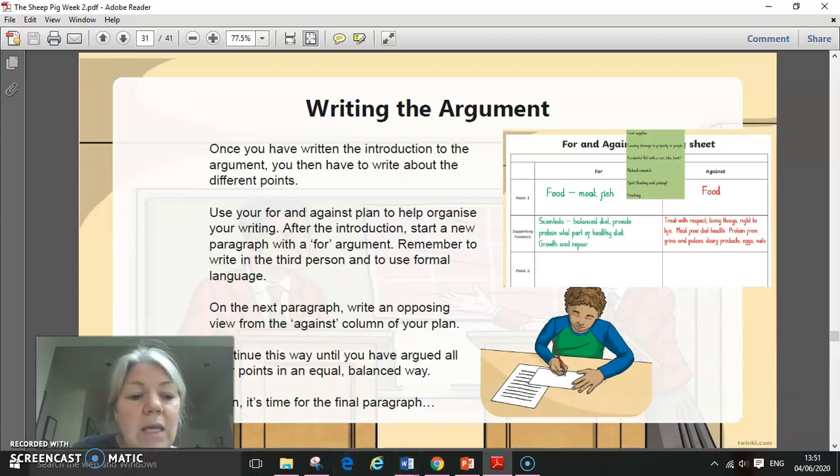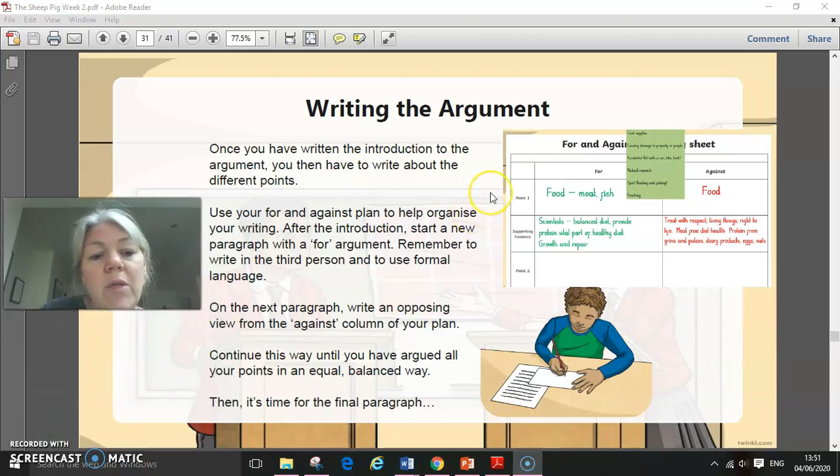So we're going to continue writing using our points, and I said we were going to choose 2 points, so hopefully you've planned 2 points and you've got some evidence to back that up. I'm going to let you back into my writer's brain and my thought process when I'm writing.